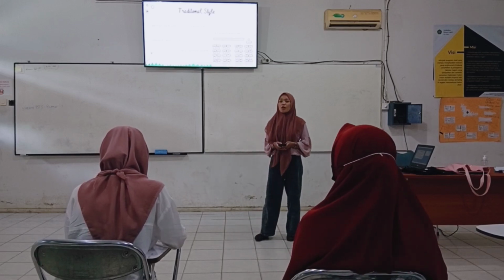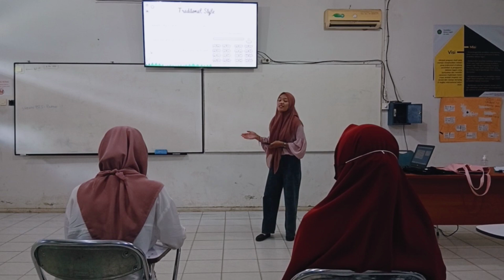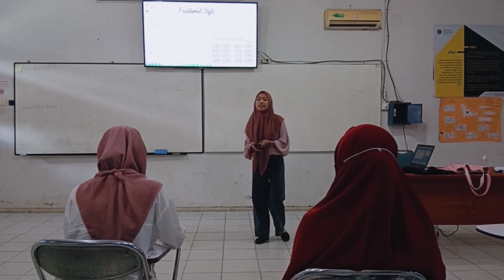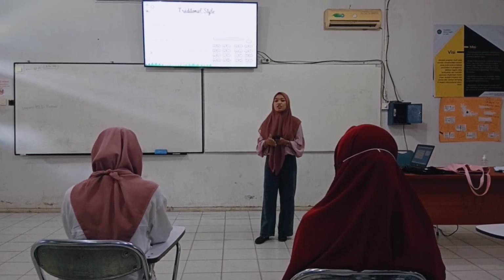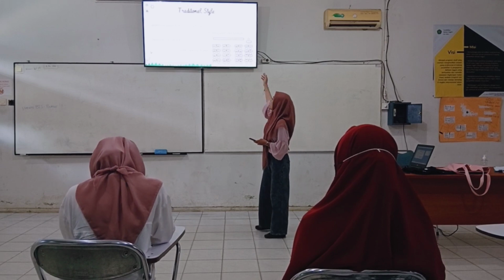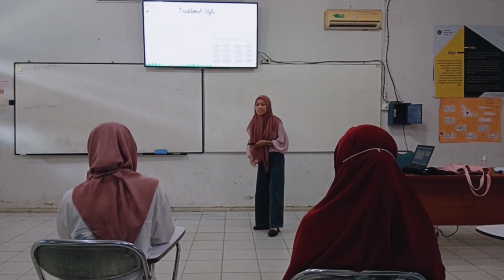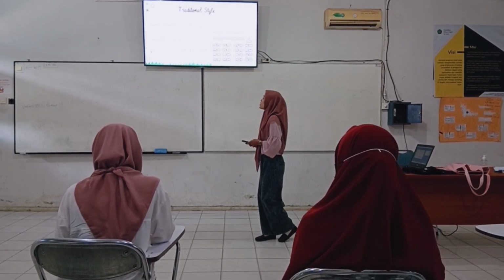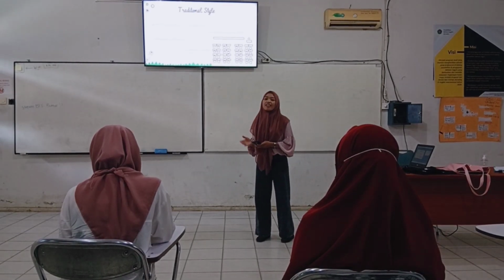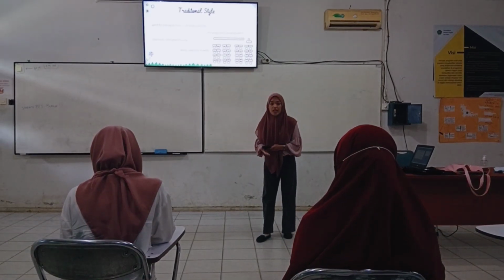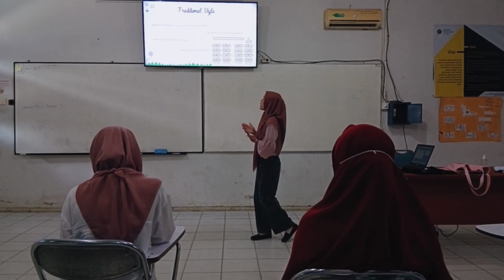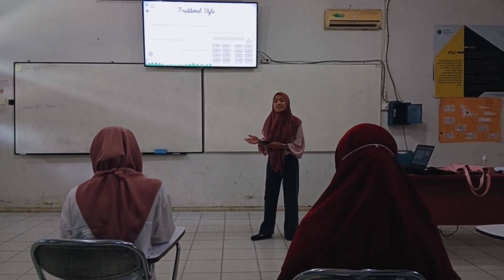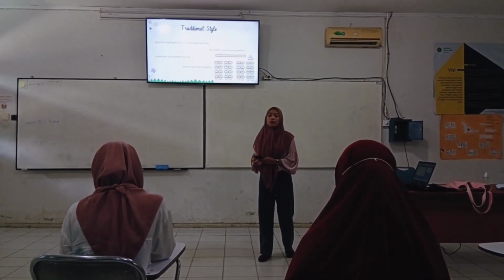This traditional style is familiar in school because schools in Indonesia use this style. And this is an example of traditional style. But the traditional style makes the classroom atmosphere boring. But the advantage of traditional style is that it is good for exams.